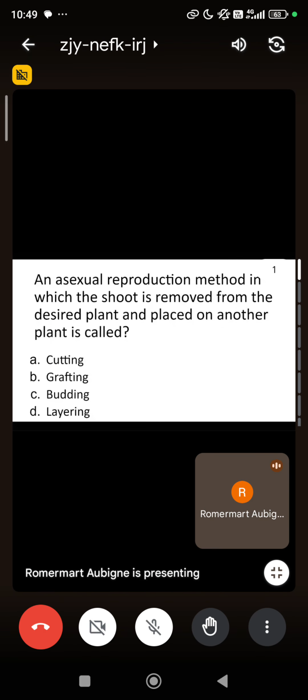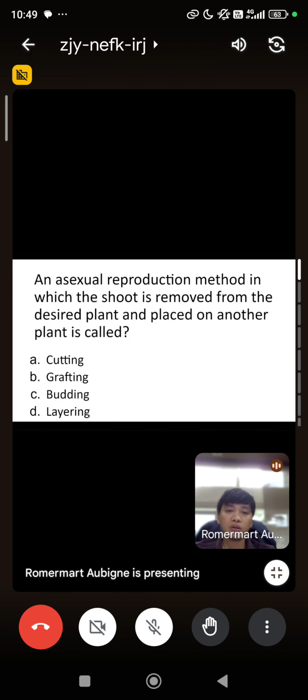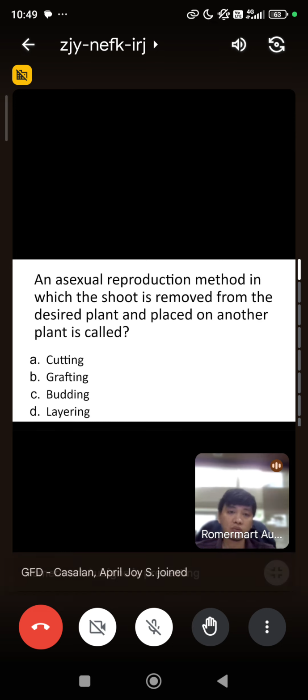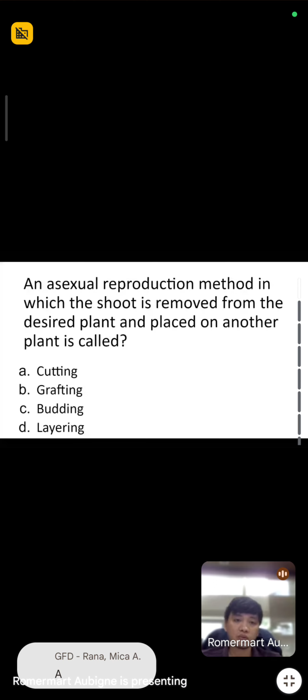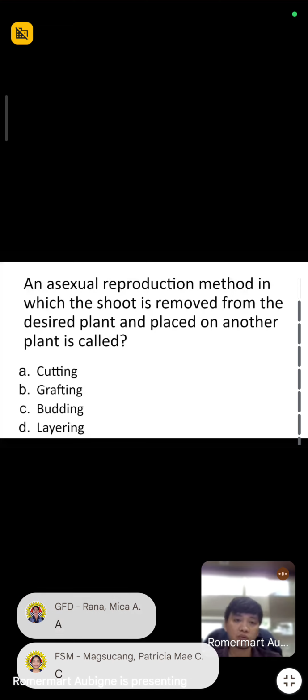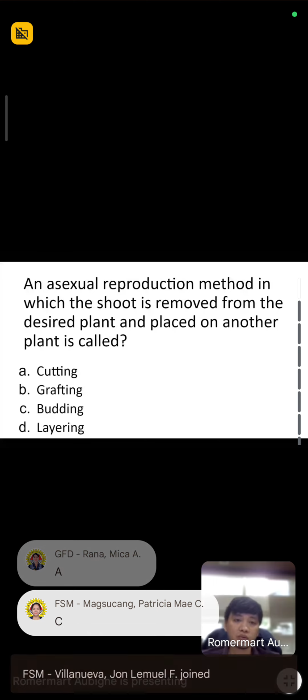Next, an asexual reproduction method in which the shoot is removed from the desired plant and placed on another plant is called: A, cutting, B, grafting, C, budding, or D, pairing. Ano natin ang sagot niyan?